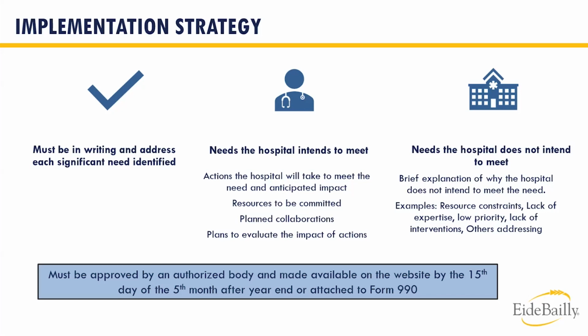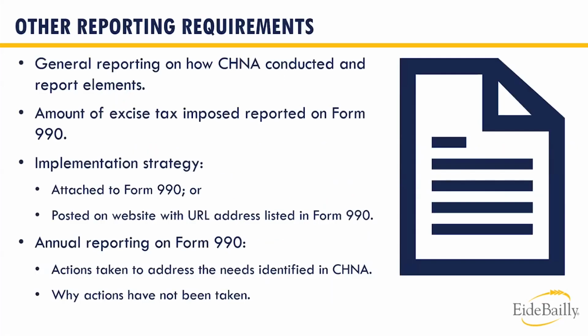And then again, this doesn't have to be done by the end of your taxable year, but it needs to be completed by the 15th day of the 5th month after your year end and posted to your website. The alternative here is if you don't want to post that to your website, then you need to attach it to your Form 990, and it would get attached to your Form 990 each year within that 3-year cycle.